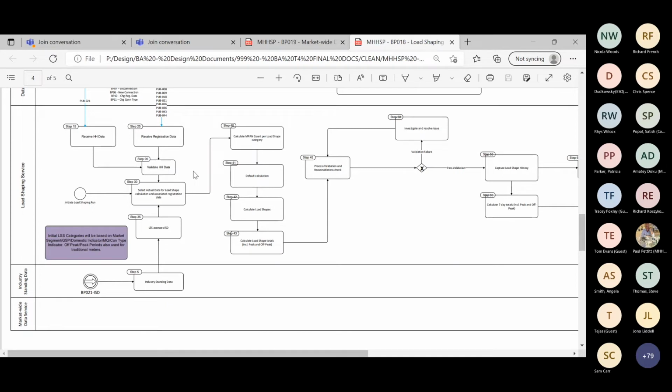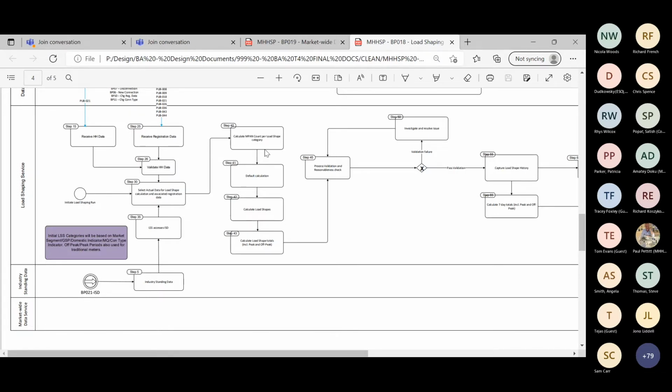It does not use any estimated data in the production of the load shapes. It will need the industry standing data, which defines the categories for the calculations, and it will need the registration data as well, so that it can understand for each metering system which load shape category that metering system falls within.